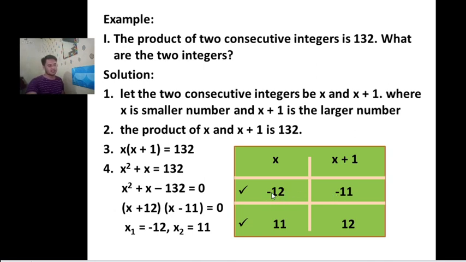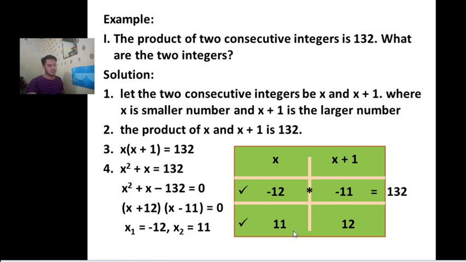We will just substitute the value of x, which is negative 12. Negative 12 plus 1 equals negative 11. And if we multiply negative 12 times negative 11, that is equal to 132. And this is check.